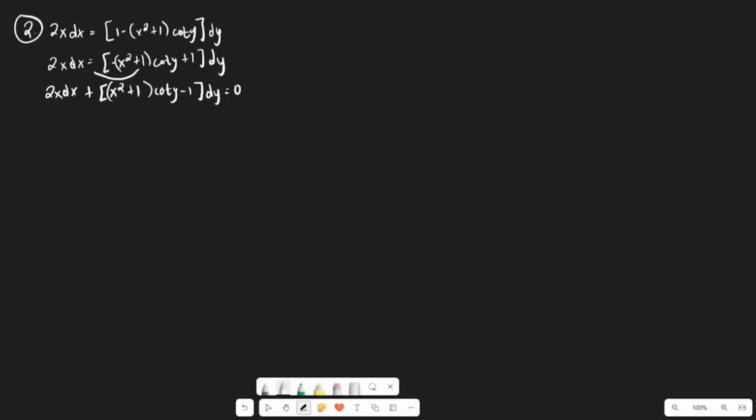So I transferred this right here. I transposed it, meaning this becomes positive, and this part right here becomes negative. So the next step would be to check for exactness.